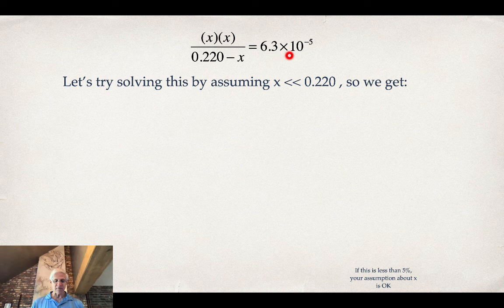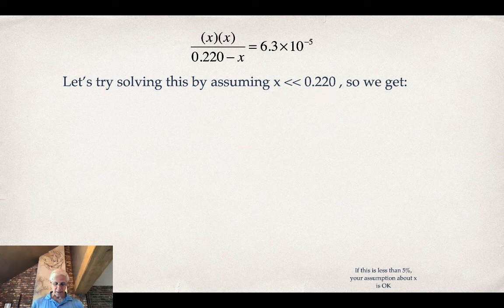Notice that the value of the K is very small, 6.3 times 10 to the minus 5. This is a very small value. What this means is that in reality, I am converting very little of my original reactant into product. So little, in fact, that we are going to assume that the value of x is much less than 0.220.